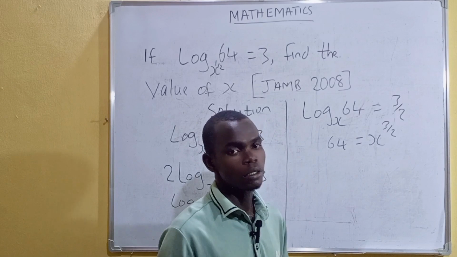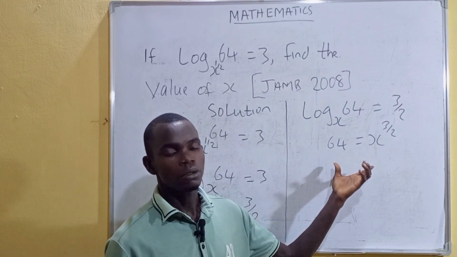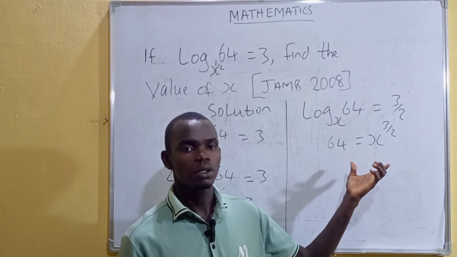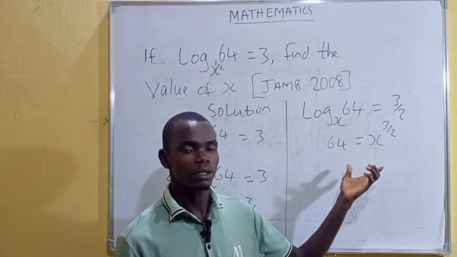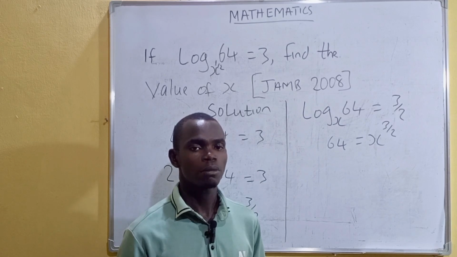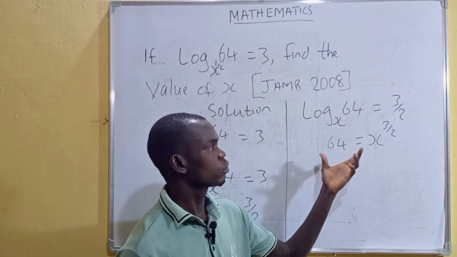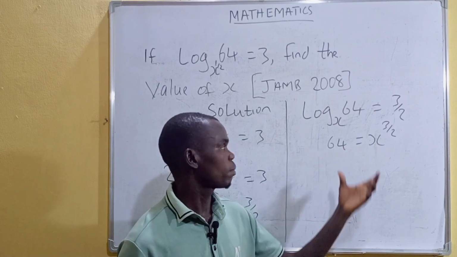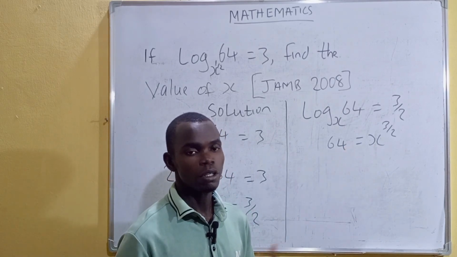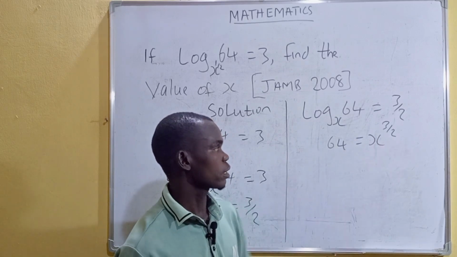And from our indices class, we said that there are 3 methods in resolving equations that involve indices. And one of the methods is power reciprocal multiplication, which says that you multiply through by the reciprocal of the power with the view of eliminating the power on the right hand side.